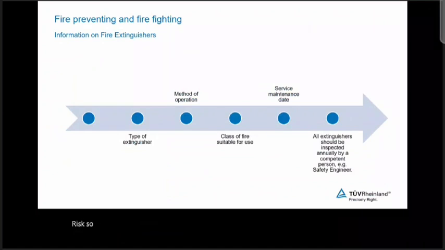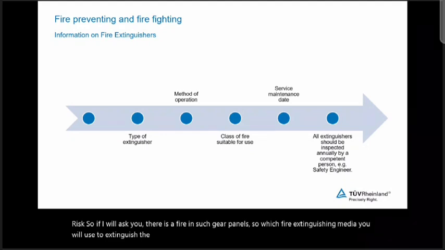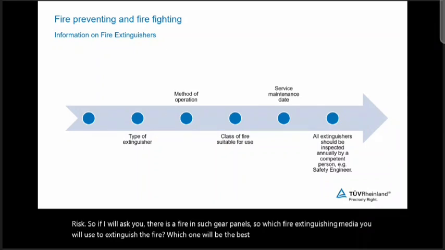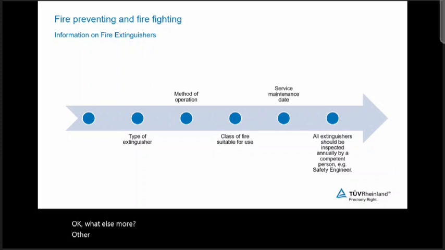So if I ask you, there is a fire in switchgear panels, which fire extinguishing media will you use to extinguish the fire? Which one will be the best portable extinguishing media? Dry powder type. Okay. What else more? Carbon dioxide.